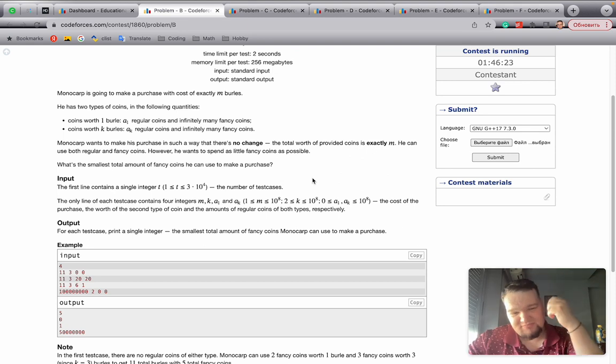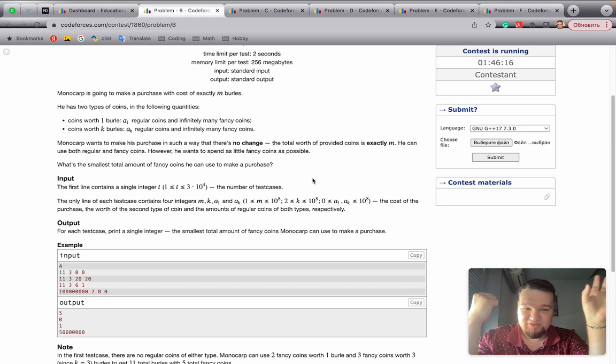Otherwise, we want to leave less than K of them, but also we do not want to spend more than K fancy coins worth 1.